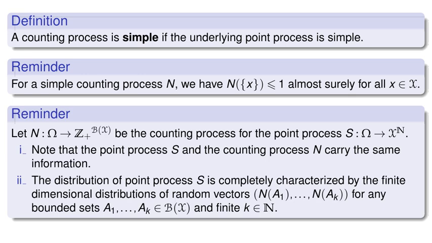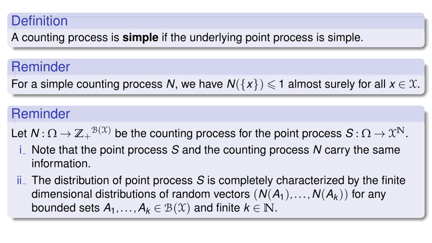Another reminder, let N mapping from Ω to ℤ+ raised to ℬ(𝒳) be the counting process for the point process S, which maps from Ω to 𝒳 raised to ℕ. First, it's important to note that the point process S and its corresponding counting process N essentially carry the same information.